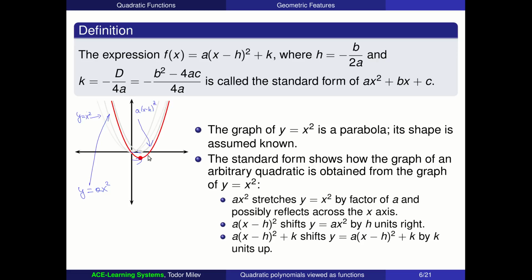And finally, I translated it again, shifting down k units: a times (x minus h) squared plus k. So this standard form shows us how to transition from the graph of y equals x squared to the graph of an arbitrary quadratic.